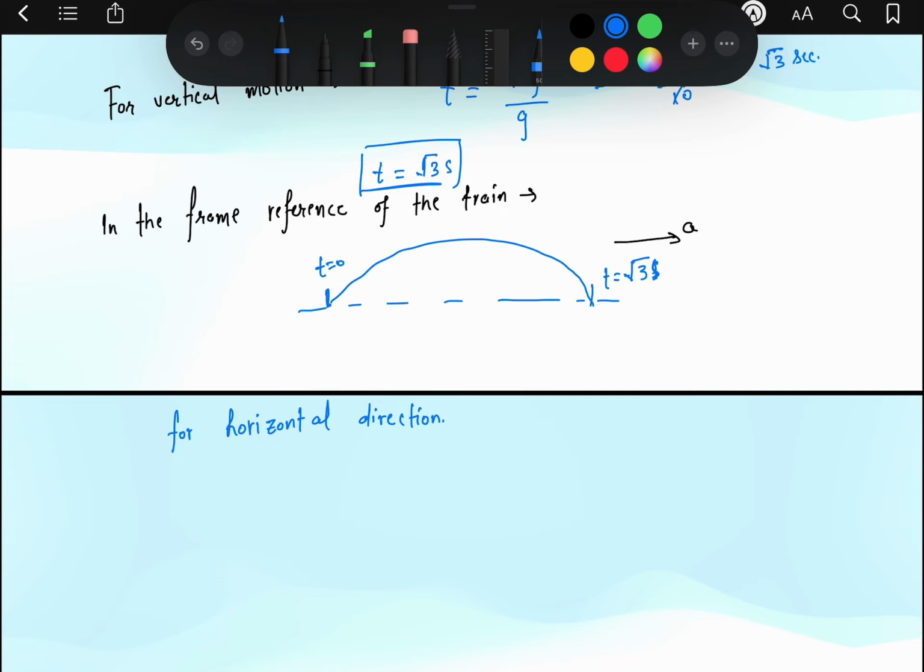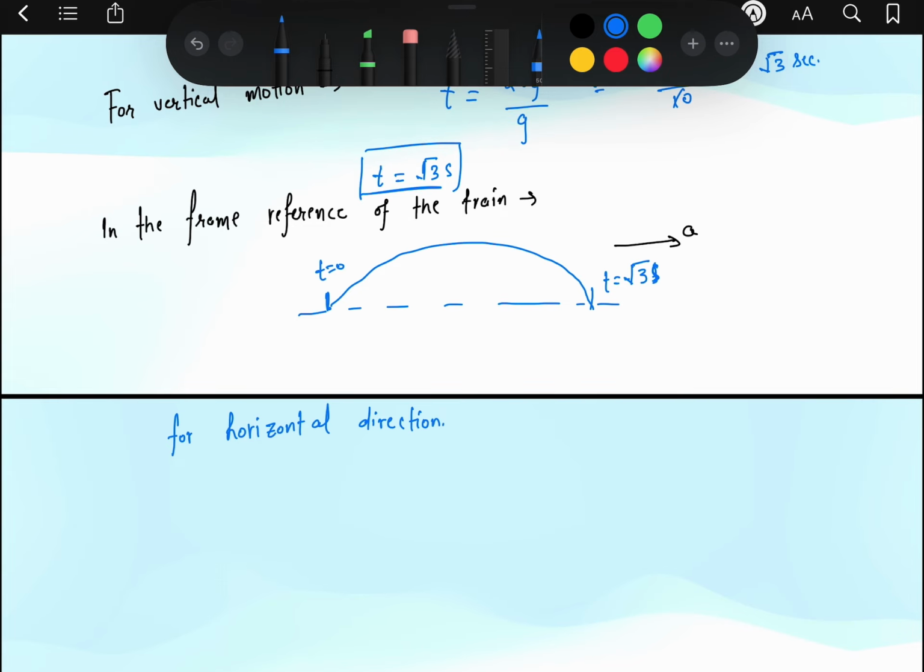So in the horizontal direction, the acceleration of the ball in the frame of reference of the train will be equal to negative a. In the frame of reference of the train, this distance is given, that is 1.15 meter. The boy has to travel this distance to catch the ball.